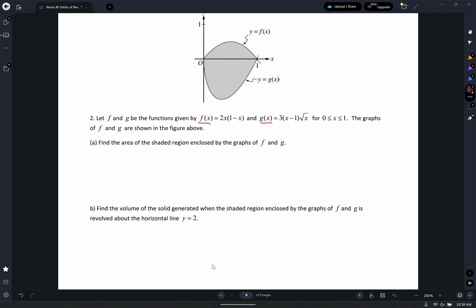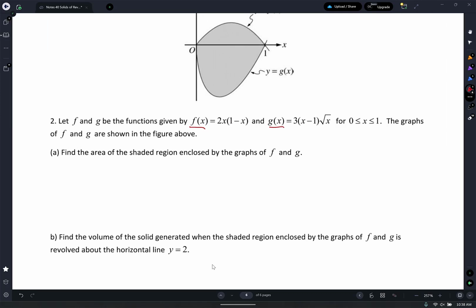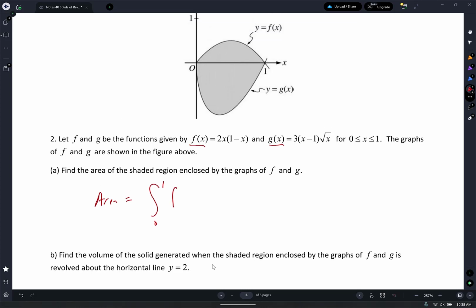Find the area of the shaded region enclosed by the graphs of f and g. Give me the setup. Area equals integral from 0 to 1. What curve is on top? F of x minus g of x. And close it with a dx.